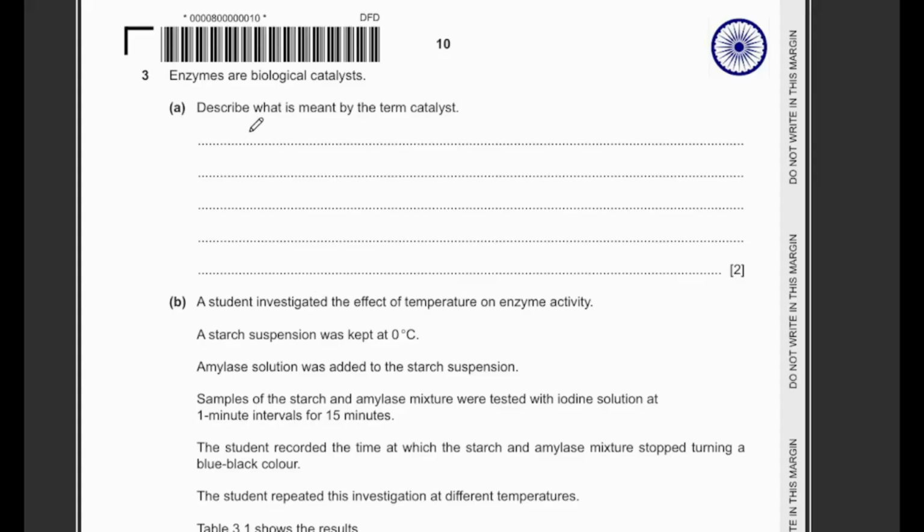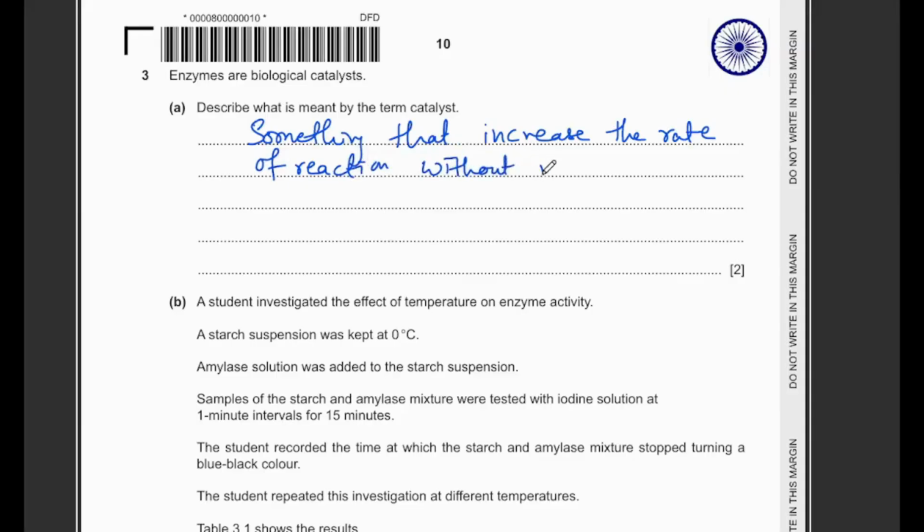Catalyst is nothing but something that increases the rate of reaction without involving in the chemical reaction.